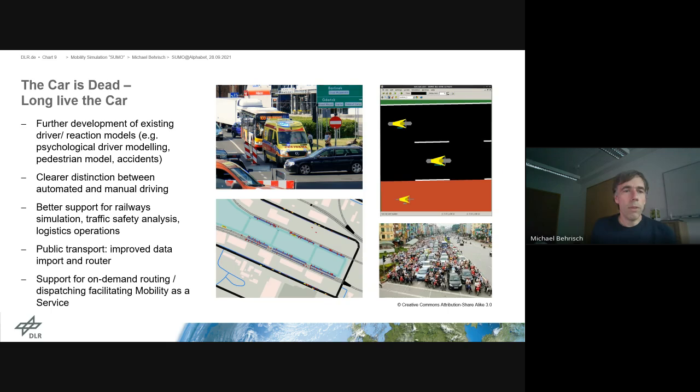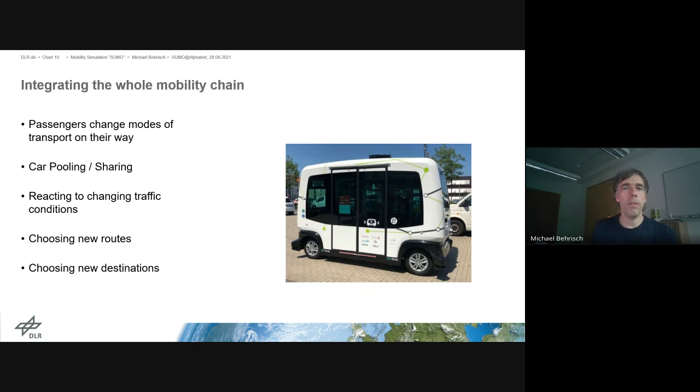Yeah. So railways is also something, and logistics we are working on all the time. And something I now want to talk about is the whole mobility on demand topic, which also took a lot of attention in recent years, so that you can model the approach of small vehicles being there when you need them, possibly automated vehicles.